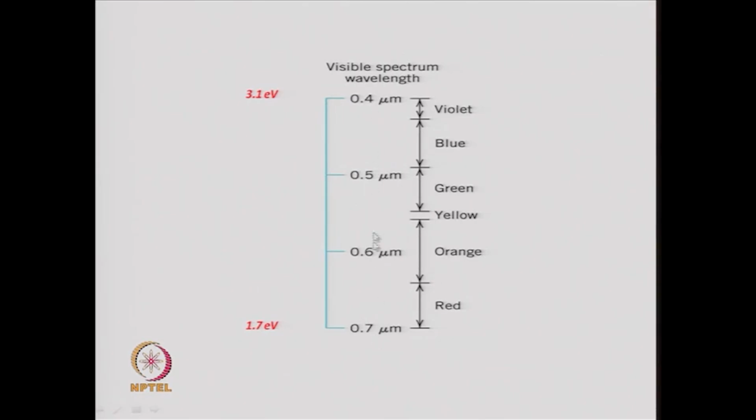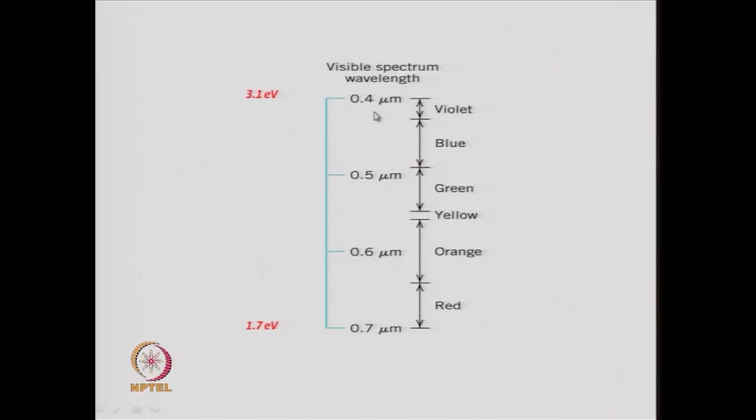These are the wavelengths. So, the wavelength of 0.4 micron or 400 nanometers is around violet. When it is 500 nanometers, you are in the green, and around 600 it is orange, and when it is around 680 or 780 nanometers, then you are in the red color.